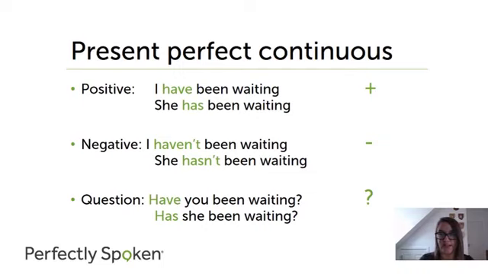I have been waiting. She has been waiting. Negative. I haven't been waiting. She hasn't been waiting. And the question, have you been waiting? Has she been waiting? So have a look, make sure you've understood the positive, the negative, and the question form of this tense.